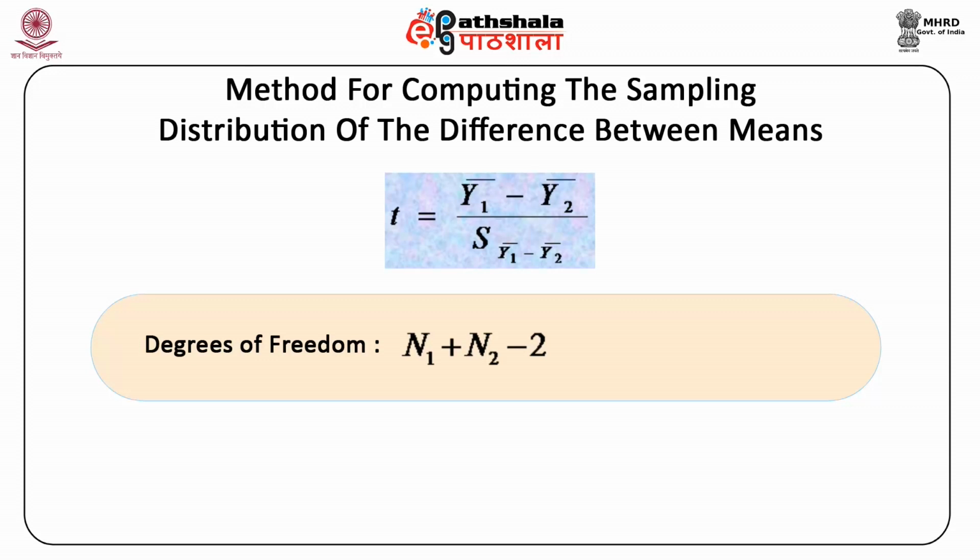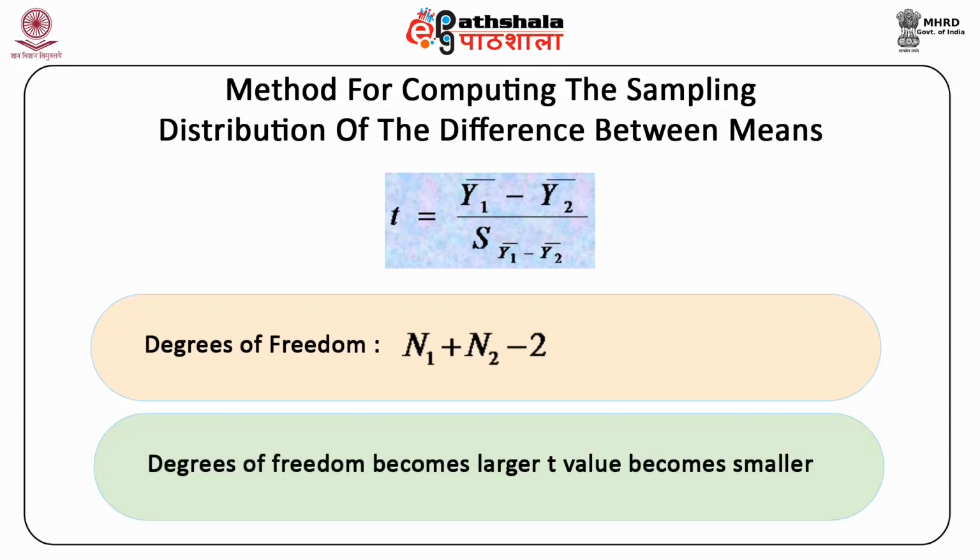When we assume that the population variances are equal, or when both sample sizes are greater than 30, we use the following formula. Degrees of freedom df is equal to n1 plus n2 minus 2.